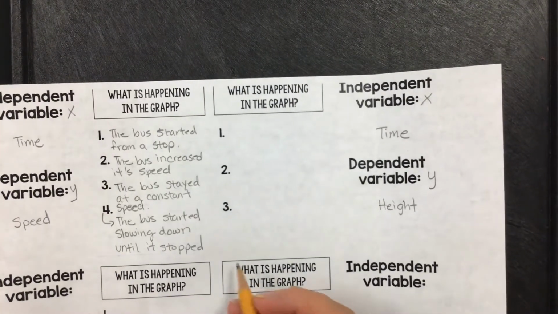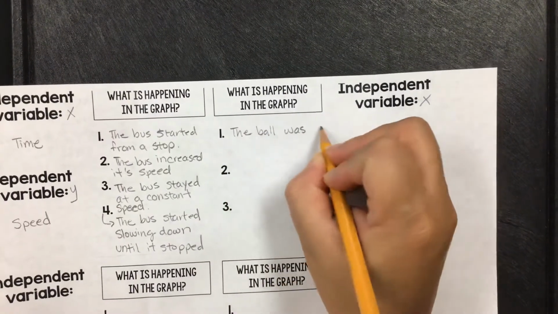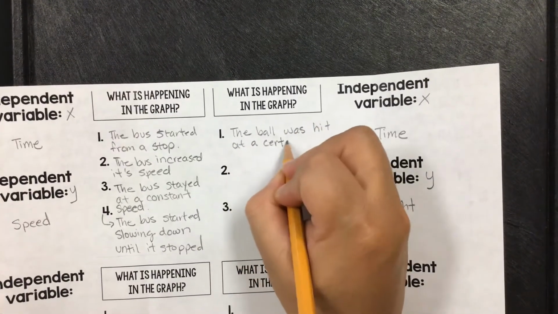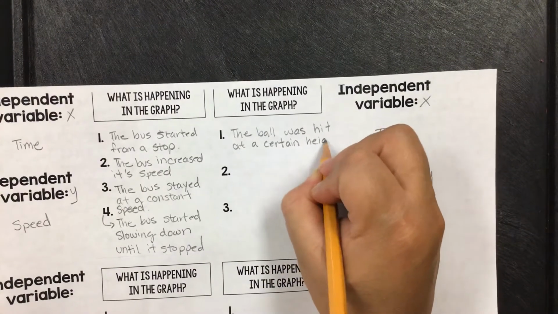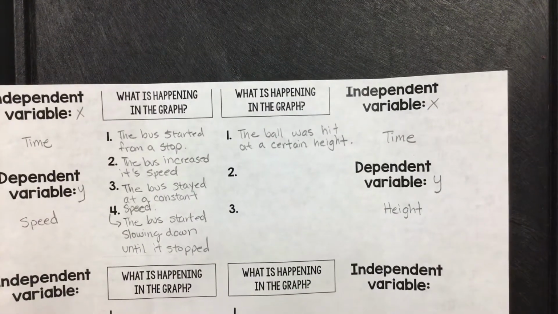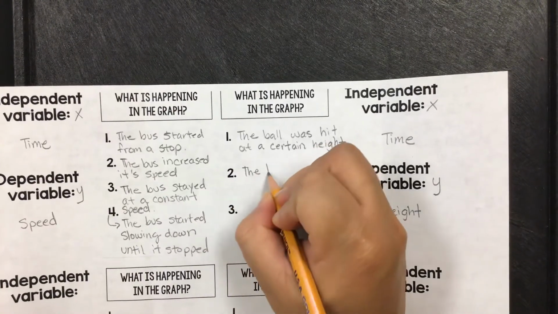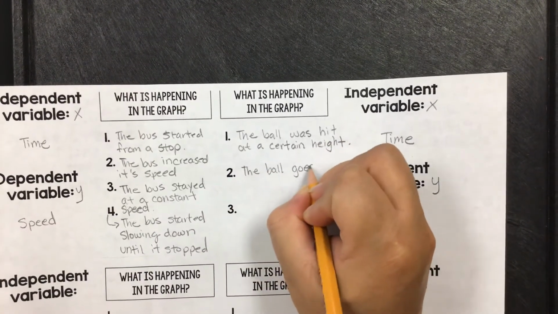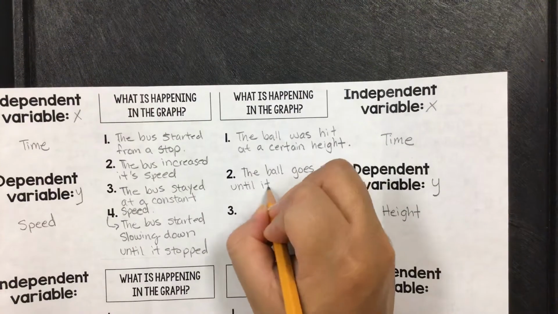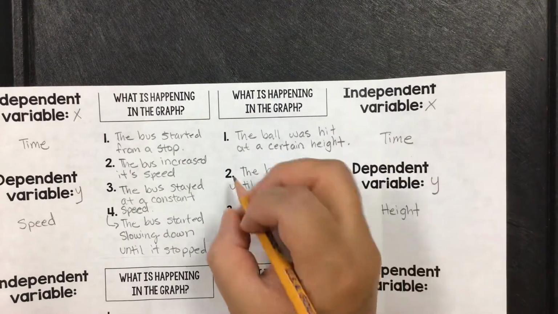So remember, we're talking about a ball, so the ball was hit at a certain height. So we don't really know how high it was, but it started up off the ground. The ball goes up until it reaches its maximum.